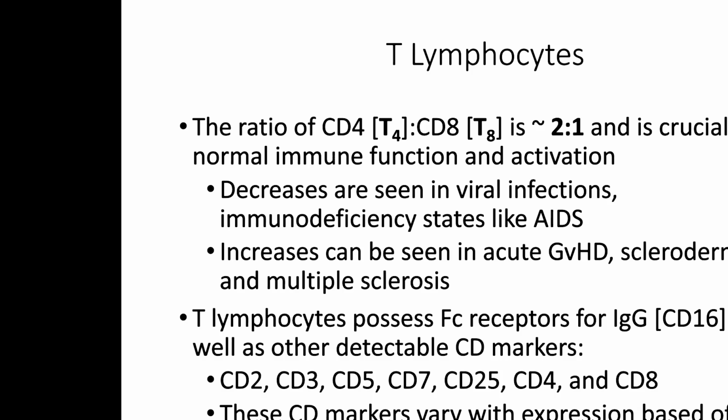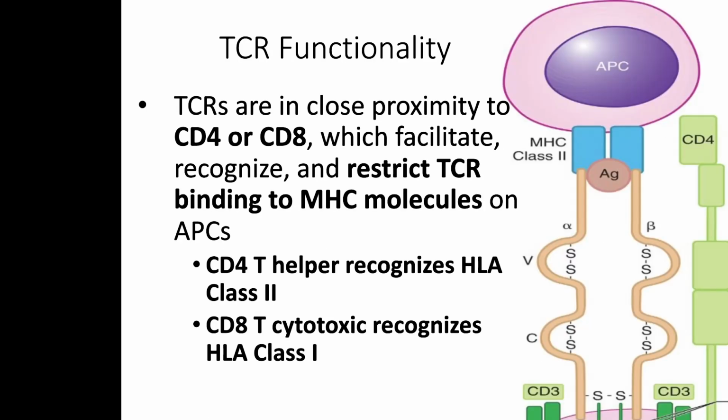The CD markers, just like on B cells, will vary in expression based on where that cell is along the pathway. TCRs are usually right next to the CD4 and CD8 markers. Their job is to help recognize and restrict TCR binding, depending on what the cell is.